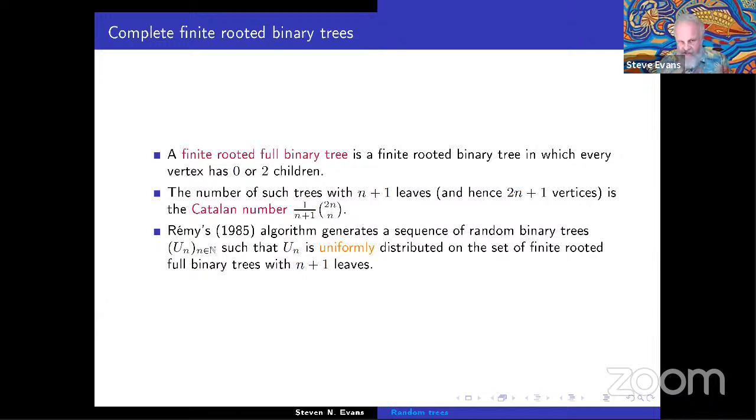I know this is just perhaps words for you at the moment. You don't know what these things are, but that's going to lead us into the world of real trees and metric measure spaces.